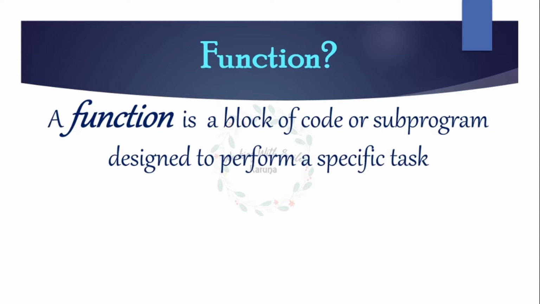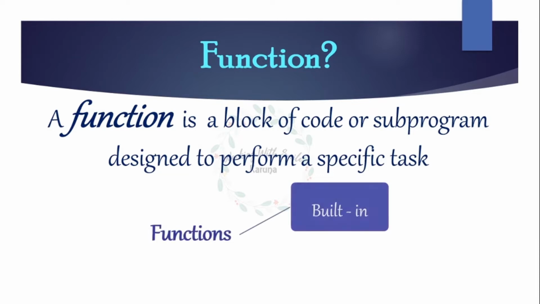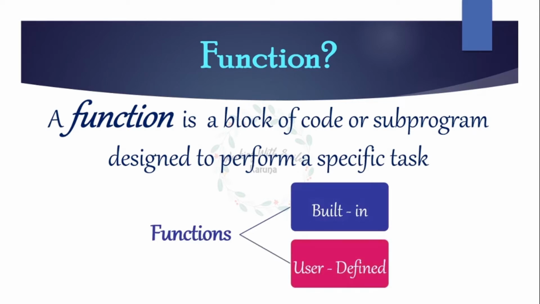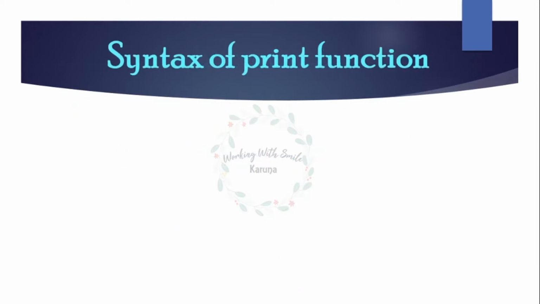Functions are of two types: built-in functions, which are already available in a programming language, and user-defined functions, which can be created by programmers to perform any task as per their requirements. In my previous tutorials, I have used built-in functions like id, isinstance, and type. So let's begin with the print function.